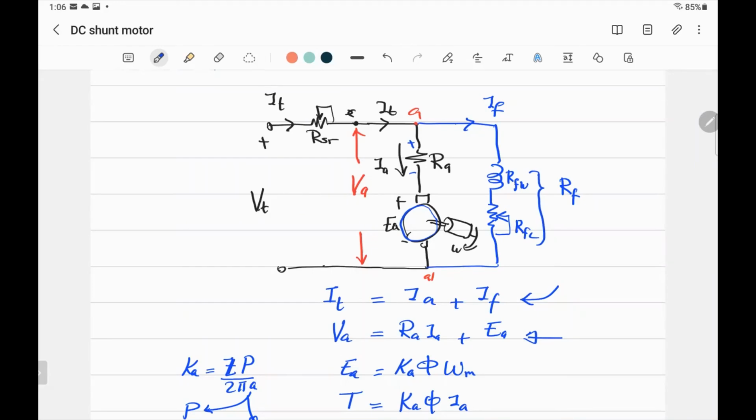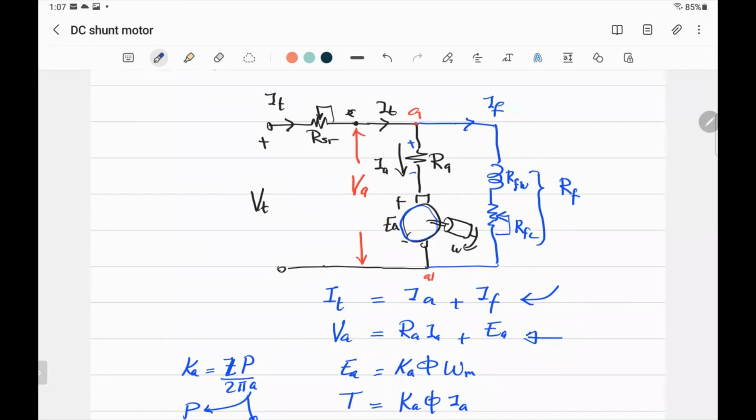I know it's amps, but what current does it represent? Armature, field, or total? It's the armature current. We have been using this IA. It's armature.